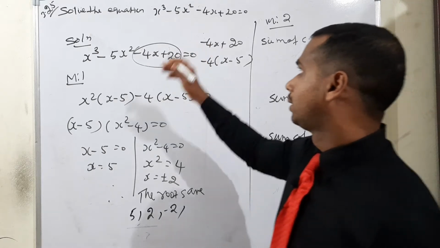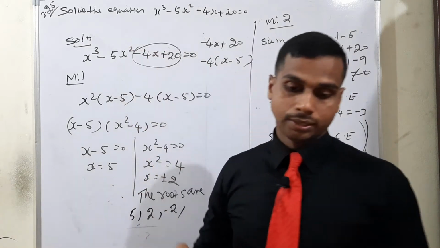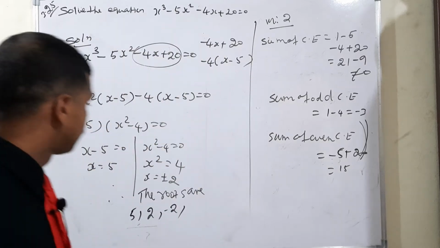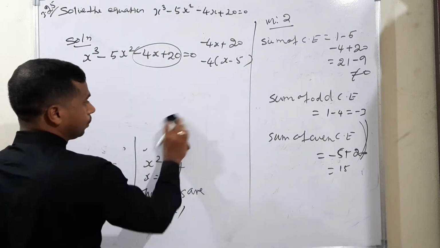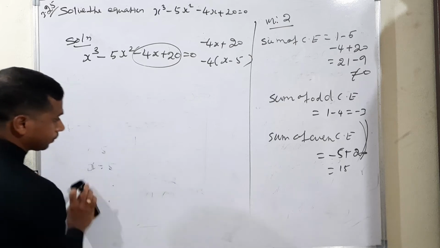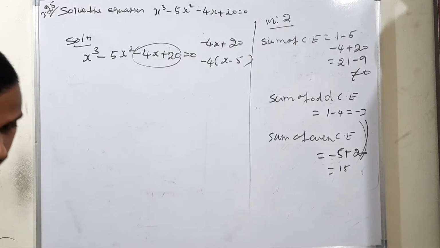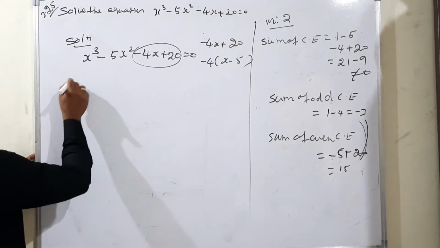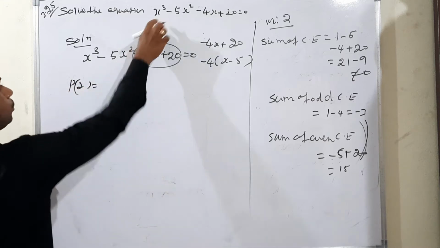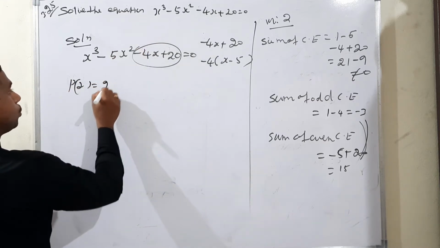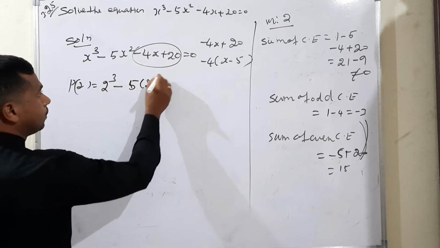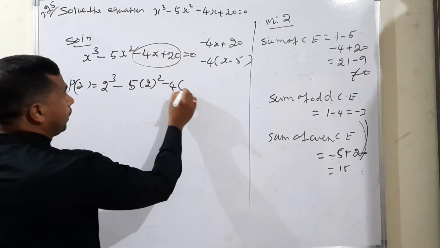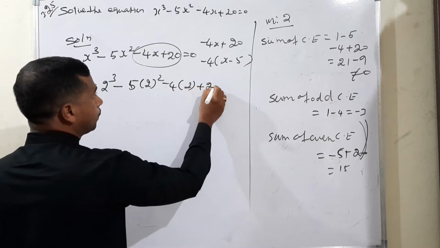Now we can take the next number, 2. P of 2 is equal to what? What answer will come? So P of 2 means instead of x we apply 2: 2 cube minus 5 into 2 square minus 4 into 2 plus 20.